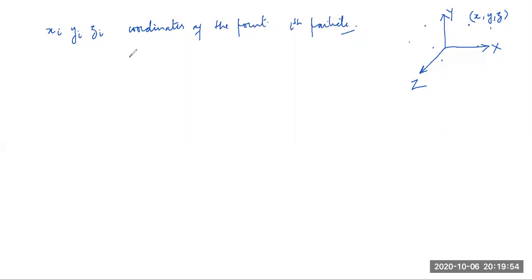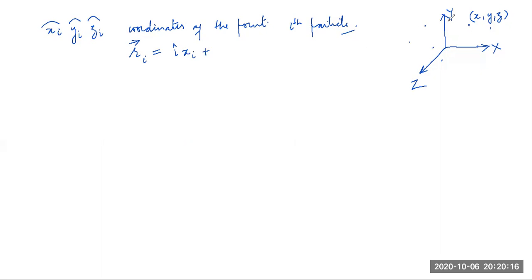So what will be the position vector, students? Ri, the position vector, if you remember, is the sum of the individual components x, y, z. So we can always use the unit vectors: i cap along the x-axis, xi. Can you complete this, please?